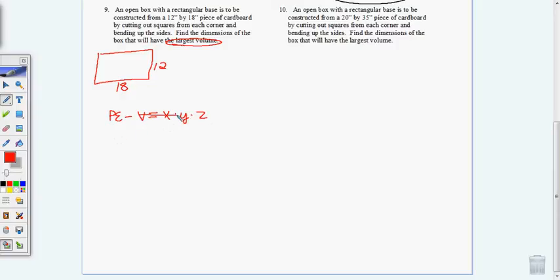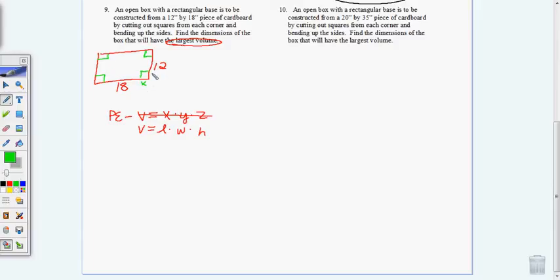You know what? I prefer to write length times width times height. Okay, so we got that. Now, out of this piece of paper, we cut a square, we cut a square, we cut a square, we cut a square.